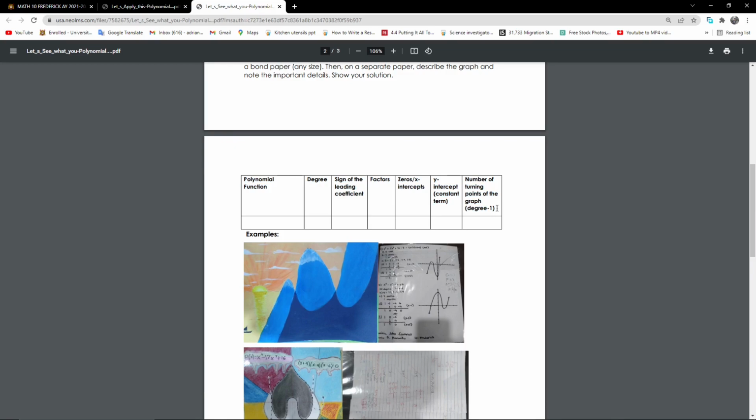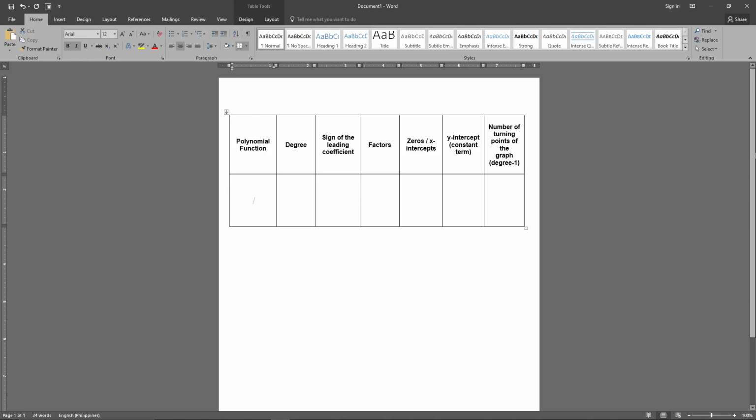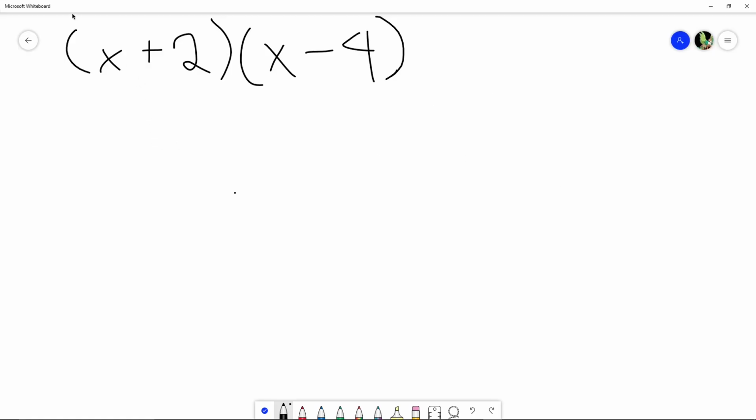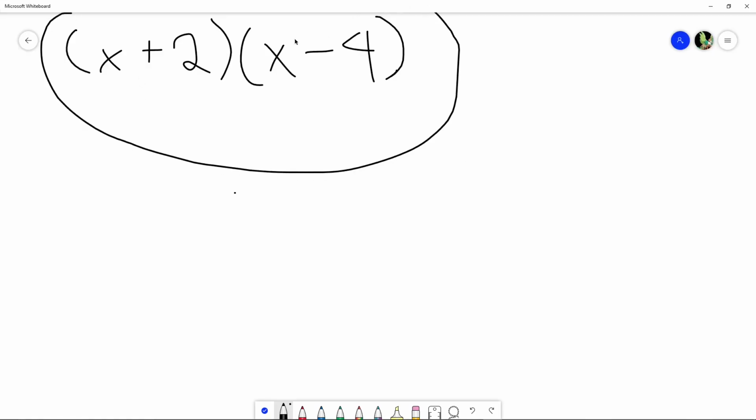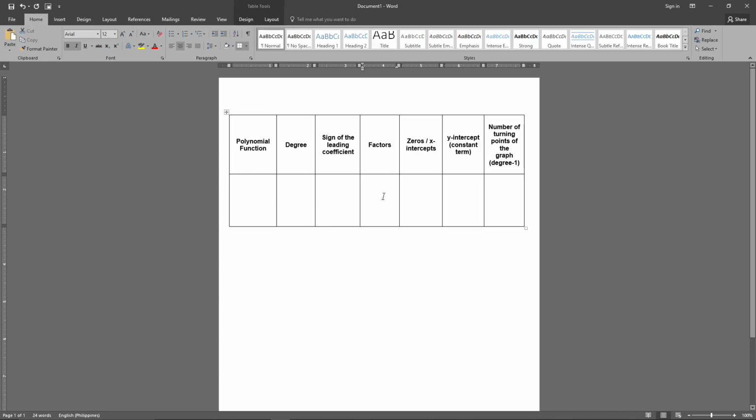So have that prepared for the next step. So right here, we have our table. We're going to list the factors over here in the table. So the factors are x plus 2 and x minus 4.